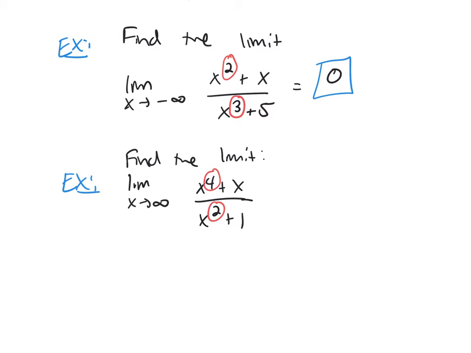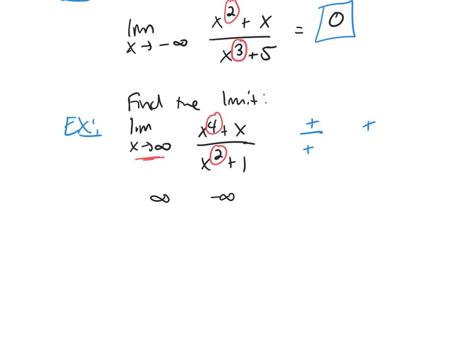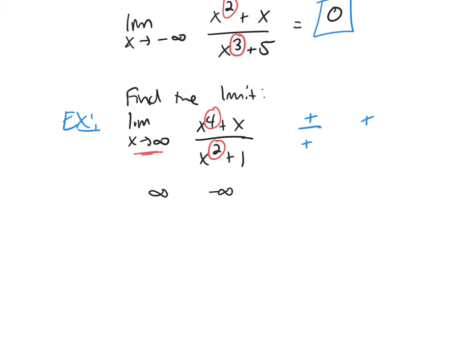So the numerator has larger degree, which means your answer is either going to be infinity or negative infinity. You have to pay attention that x is going to infinity, so x is positive. If x is positive, the numerator will be positive and the denominator will be positive. So overall, it's positive. So in the end, the limit as x goes to infinity of this function will be infinity.